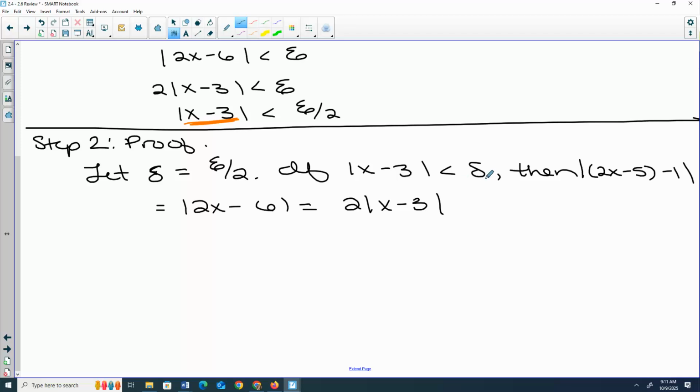But I already know the absolute value of x minus 3 is less than delta, so 2 times that would have to be less than 2 delta. So I got my less than in here. And then we know delta is equal to what? So 2 times epsilon over 2 is epsilon. So we got the less than and the epsilon. And that was our final proof.